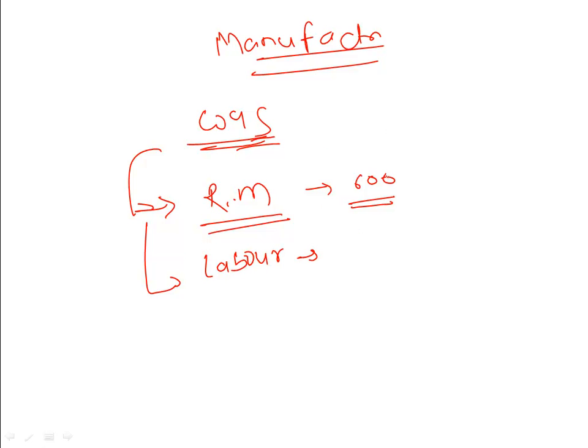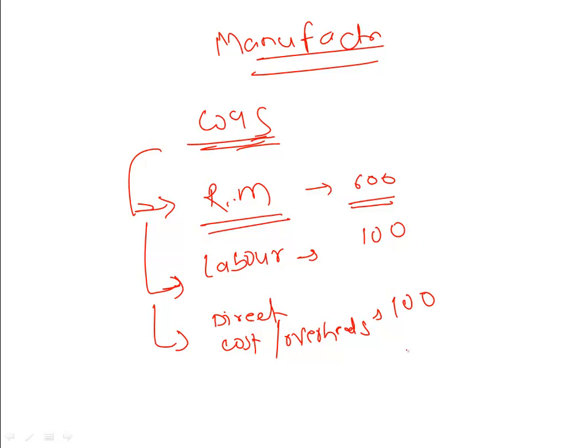So labor per heater is, let's say, another 100. And then you've spent some direct cost on it. You might have incurred some electricity or some other related cost. So all other direct cost, at times we also call them overheads. So these costs are 100. Which means my total cost to manufacture one unit is 800. So this 800 is going to my COGS.